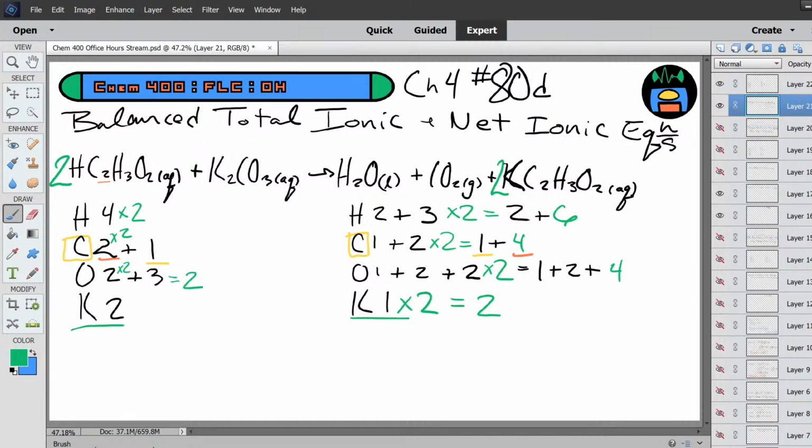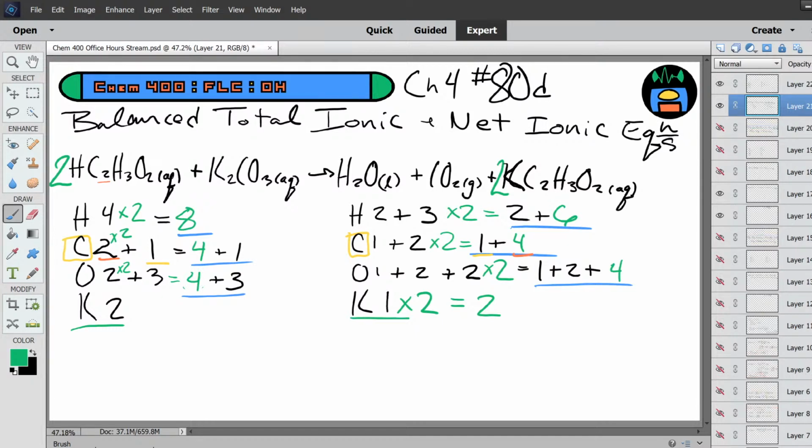So this is 2 plus 3. Our carbon count is now 4 plus 1. And our hydrogen count is now 8. And if you check it out, every single element, this one doesn't look balanced, but that's because I did my math wrong. 2 times 2 is not 2, it's 4.